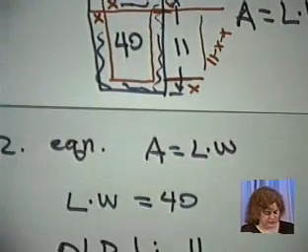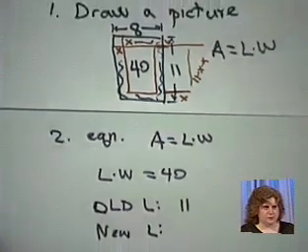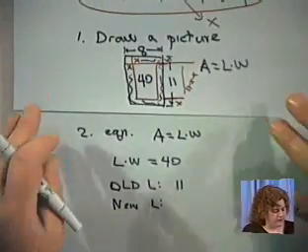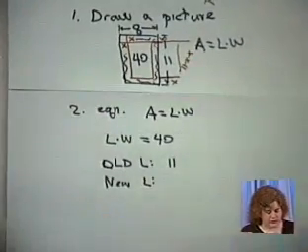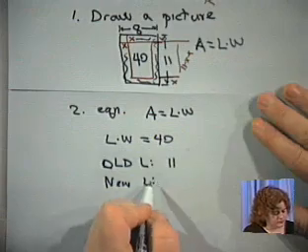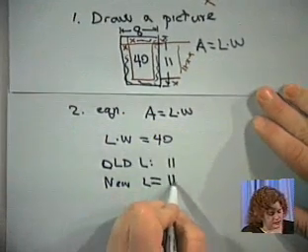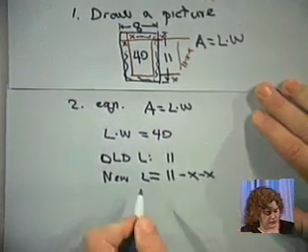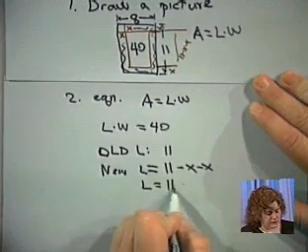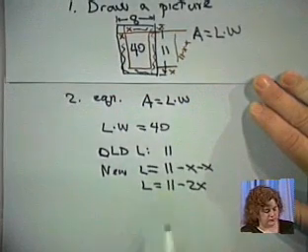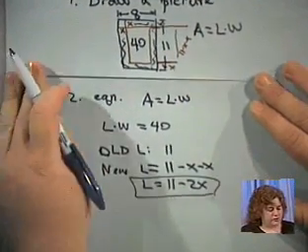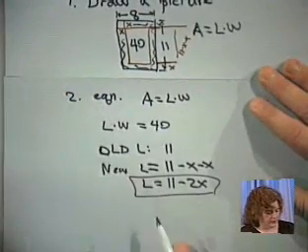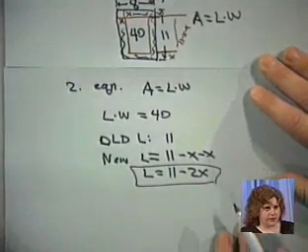That's how much physically we cut off. So we can say our new length, L, is equal to 11 minus x minus x. Well, then L is 11 minus 2x. We have just gained some useful information to use with our formula for area.